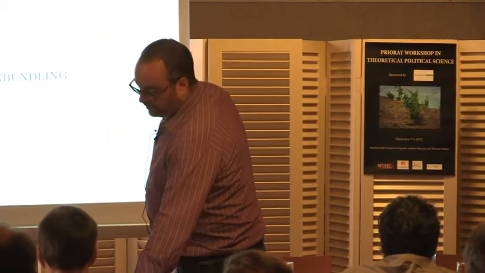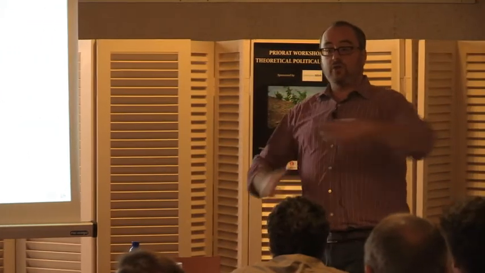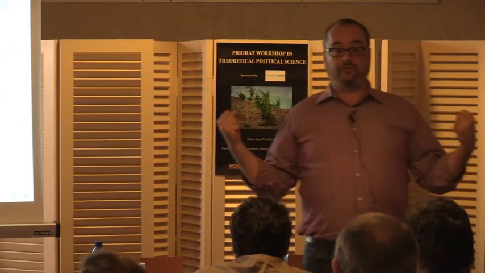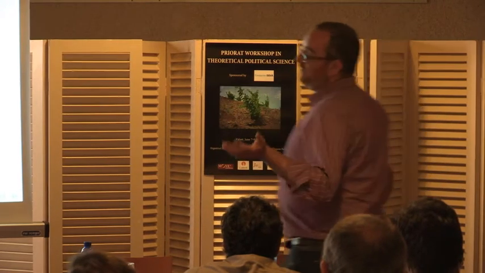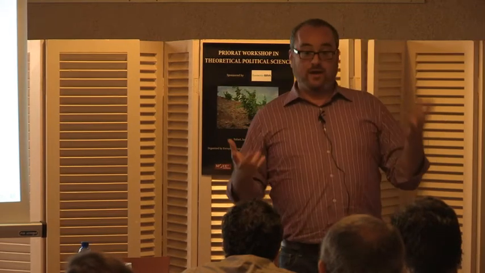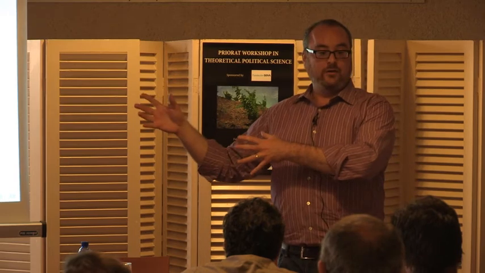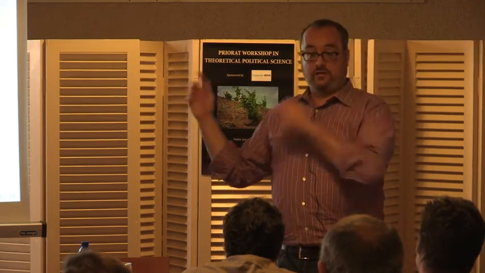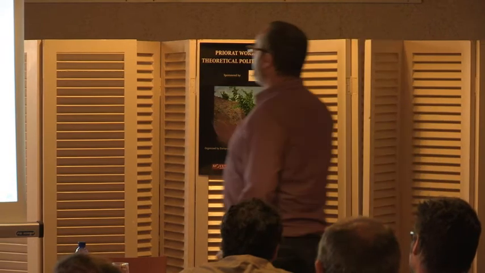Right. So under unbundling, everything's the same except much, much simpler, because when you unbundle, you break all the correlations. Right? And so now I observe task 1 effort. That's an unbiased signal of task 1 ability, when I filter out my beliefs about action, and completely uninformative about task 2 ability, because the task 2 politician's a different person and they're independent. Okay, so you're going to do all the same things, but you're not going to have to worry about the correlations.